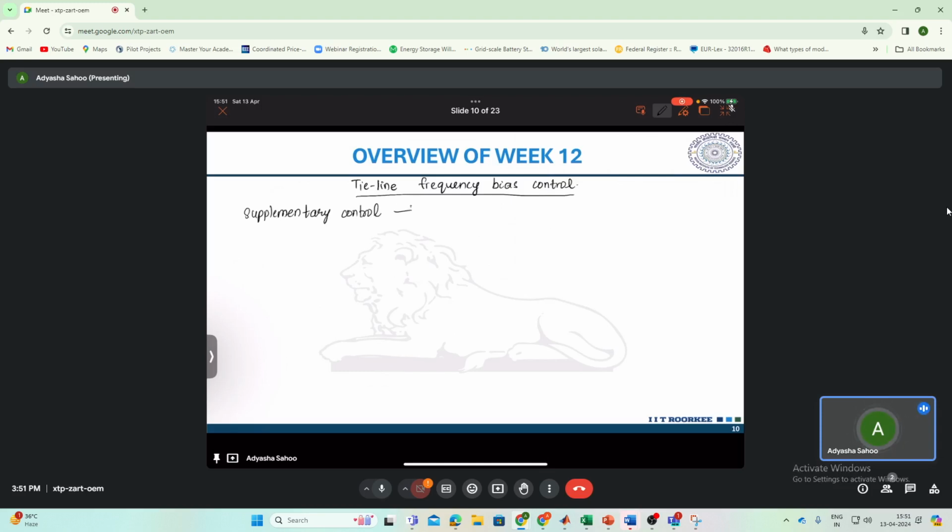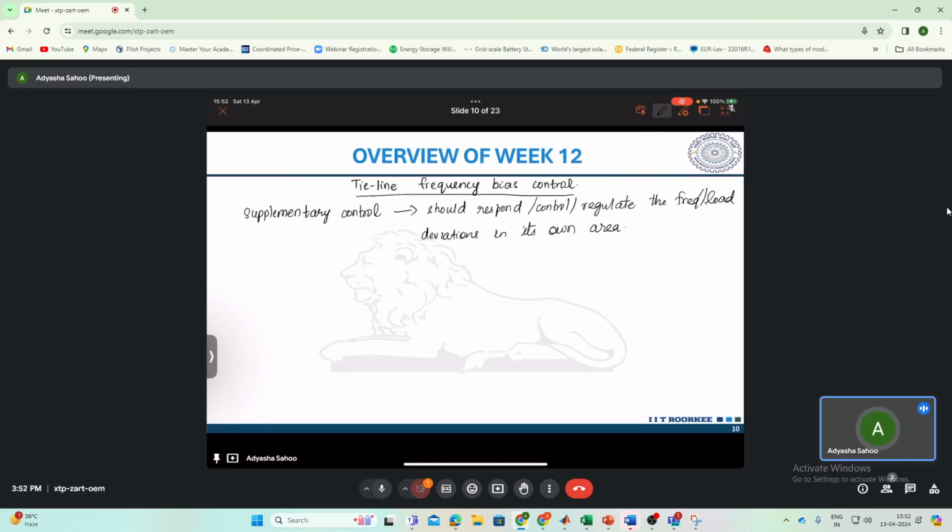Its objective is that this supplementary control should respond, control or regulate the frequency or load deviations or changes in its own area.